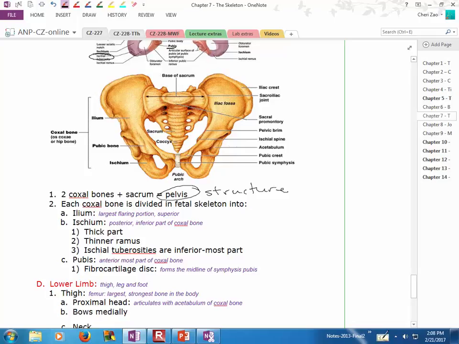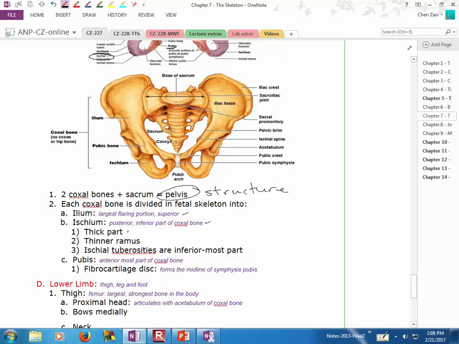In the fetal skeleton, and also part of your task when it comes time to do bone eval, you have to outline the ilium, the ischium, and the pubis. And the ilium is indeed the largest flaring portion. That's superior. Whenever somebody has their hands on their hips, they have their hands on their iliac crests. The ischium is what you're sitting on, posterior inferior part, and quite thick because you're sitting on it.